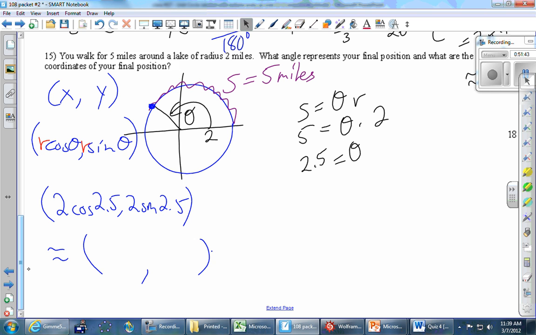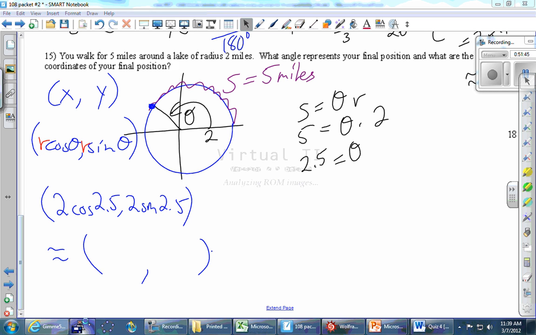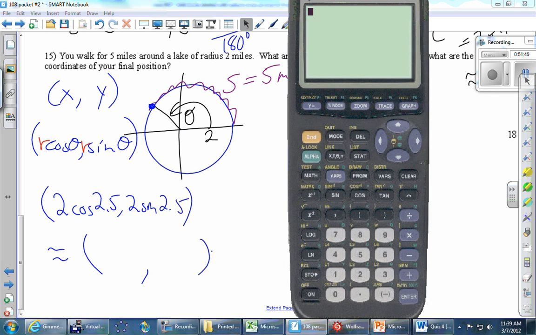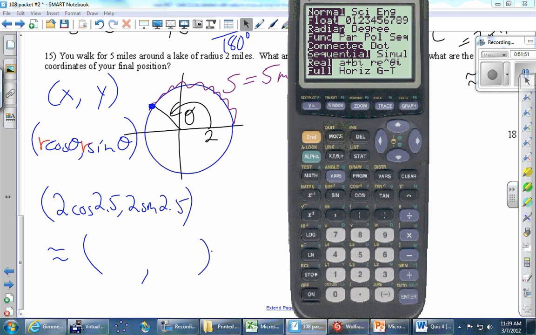Yeah, and so now for the first time, maybe, we need to be in Radian mode. To put it in Radian mode, you hit the button that says mode. And down there, the third option, highlight the word radian and hit enter so it is solid, like on the screen.